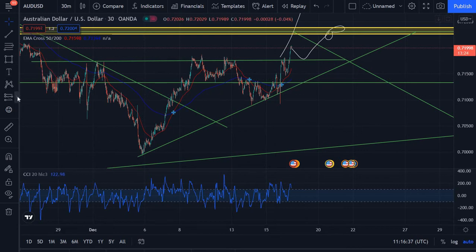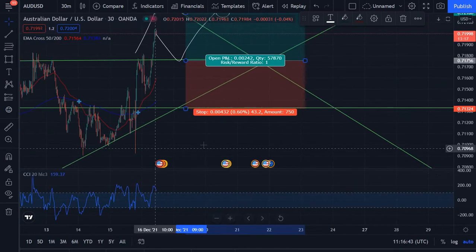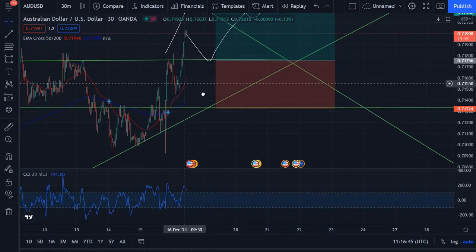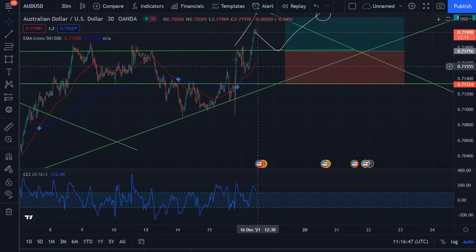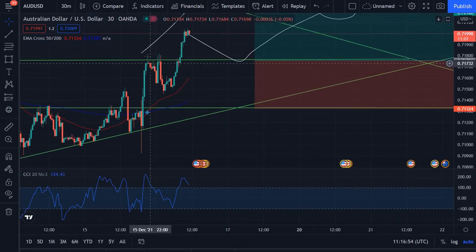If you are a short-term scalper, something like this, since on the 30-minute chart we saw this cross here, we came closer to the 200 EMA, to the 50 EMA with this kind of wedge, triangle, whatever.